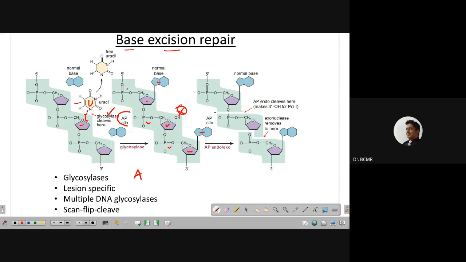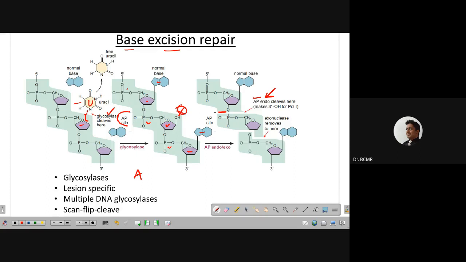And then there is an enzyme called AP endonuclease. AP, as I said, is for apyrimidinic or apurinic site. It finds any of those sites and makes a cut here. And then there is an exonuclease activity.